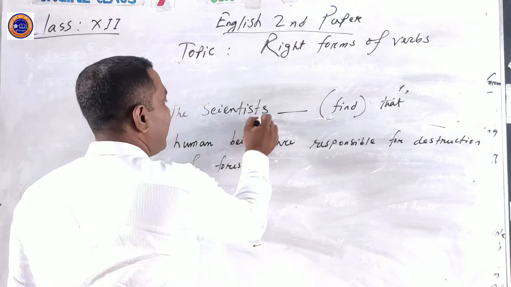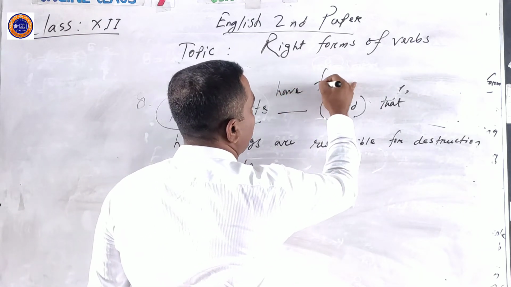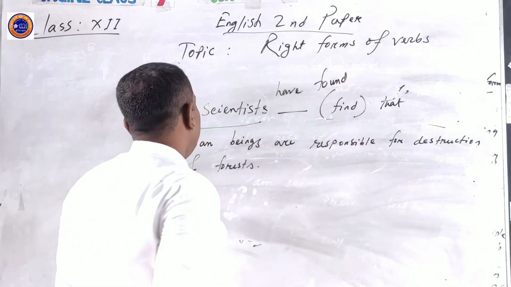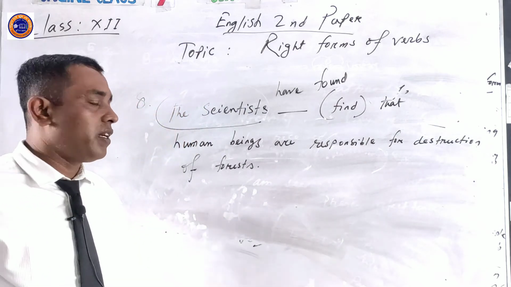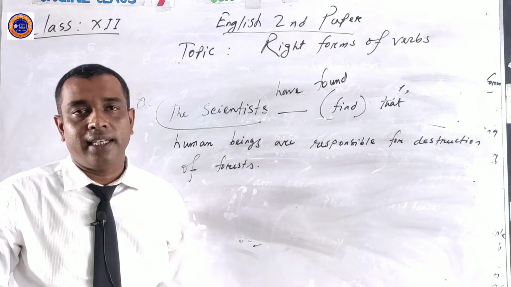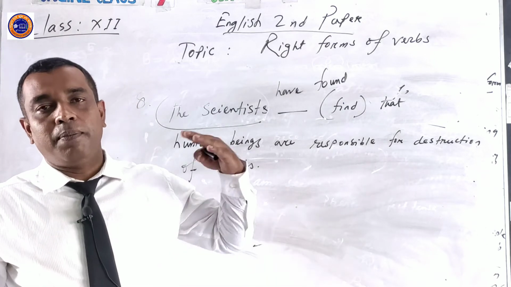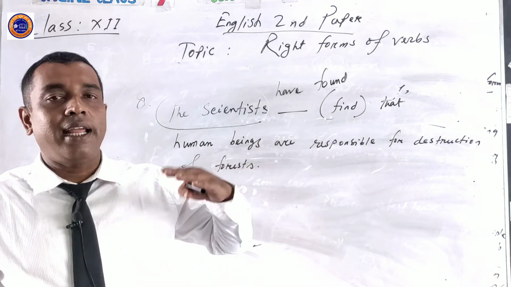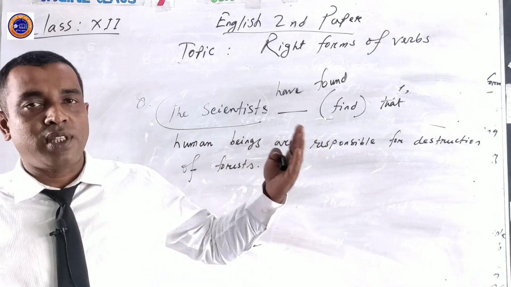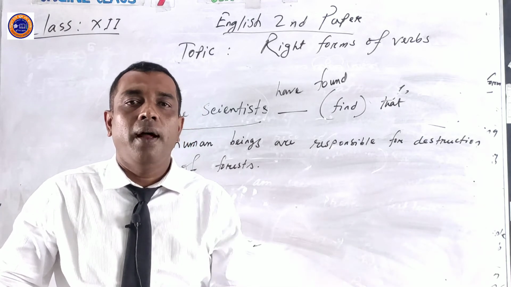Okay, so the scientist is the subject, so you have to use have found. Scientists have found that human beings are responsible for destruction of forests. So dear students, if any sentence is like that, that is, something was done some years or some time ago, but the effect is really present, you must understand that the sentence will be present perfect tense.